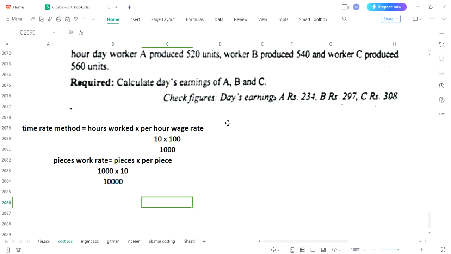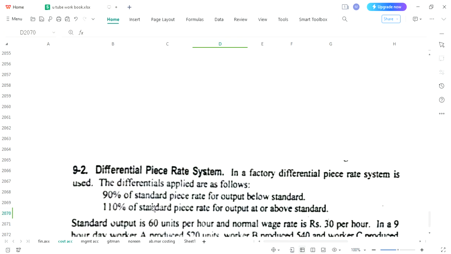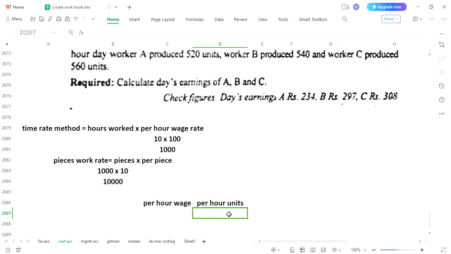We have been given the per hour wage, and similarly per hour units are also given in the question. Going back, standard output is 60 units per hour. So we have 60 units per hour.